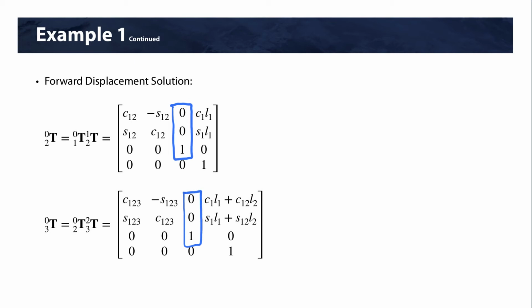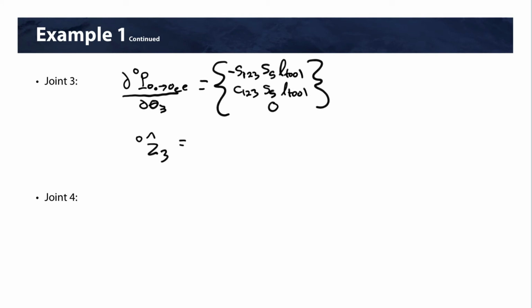All right, and so we can go and make a note of that. And again, that was from T03. So we're halfway there. That's the first three joints done.